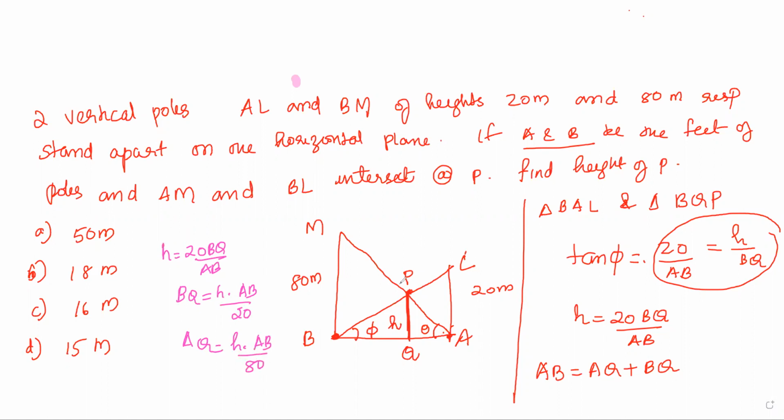Applying the same two triangles here, triangle BAM and triangle QAP, I can write AQ is equal to H into AB by 80. So I need to substitute both here. In both, H and AB are common. So I am just writing 1 by 80 plus 1 by 20.